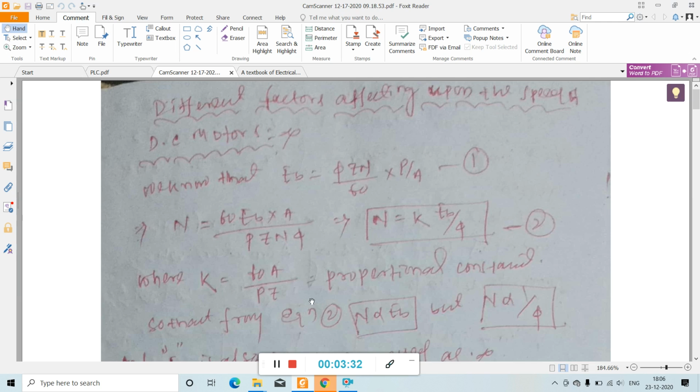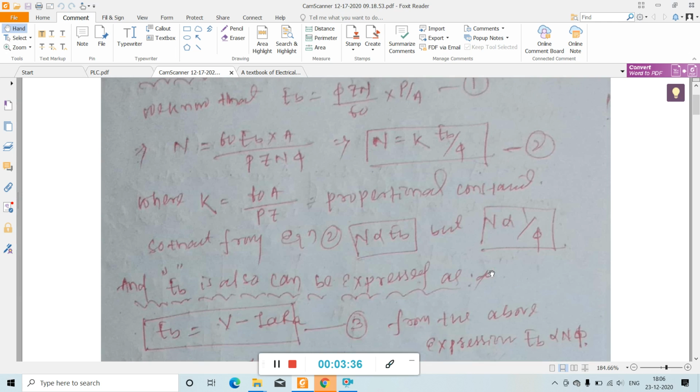This is a proportional constant. From this equation 2 you can write that speed is proportional to EB and speed is inversely proportional to phi. That means speed depends upon two parameters, the back EMF and phi, the flux per pole.